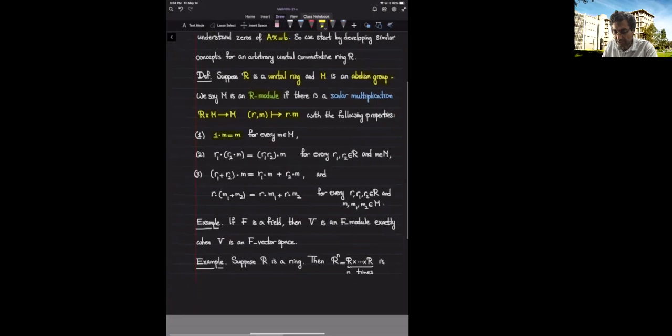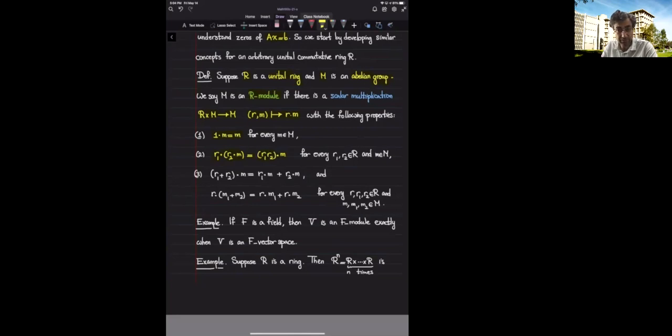1 times m, where 1 is the unity or identity of the ring R, no matter what m is, ends up giving us m. (r1 times r2) times m is the same as multiplying inside the ring and then using scalar multiplication.